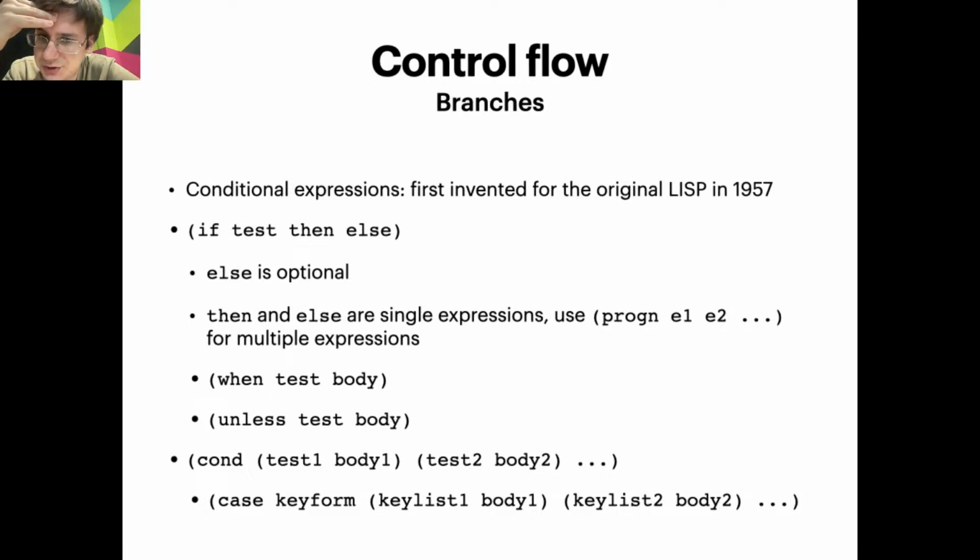It's basically a compound conditional expression, where depending on which test in this list is correct, it returns the body that corresponds to it. So yeah, this is also useful.